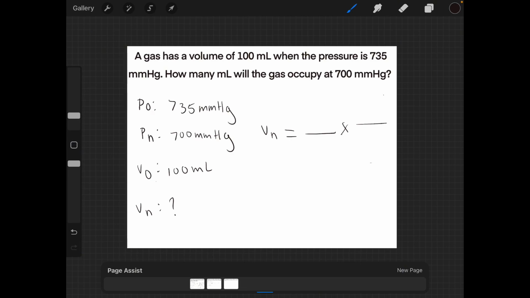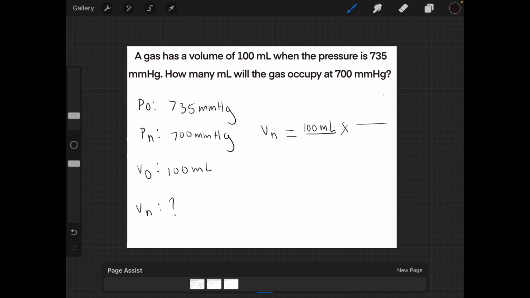In this first blank, I'm going to write my old volume of 100 milliliters. By looking at my old and new pressures, I am able to see that there was a decrease, which means my volume will experience an increase.